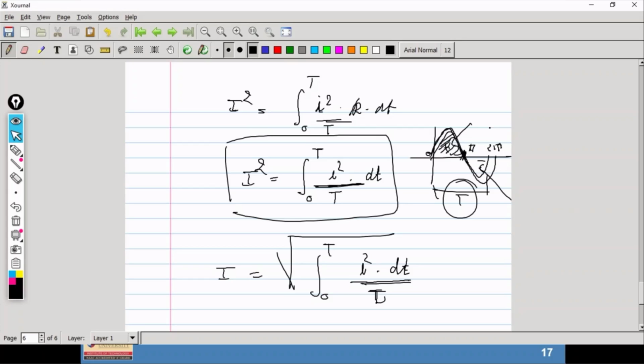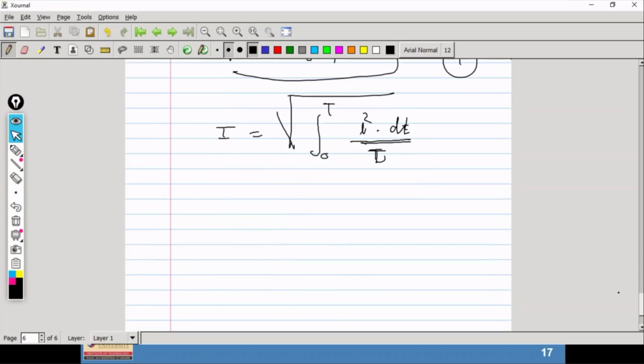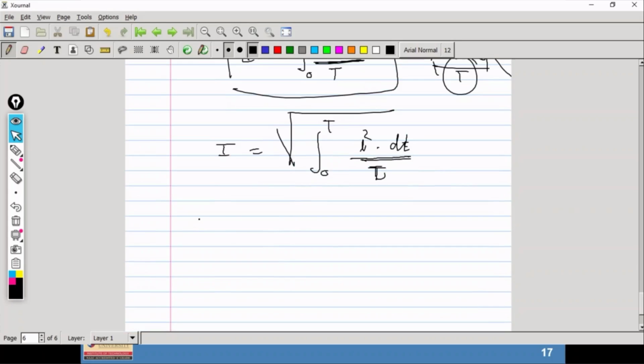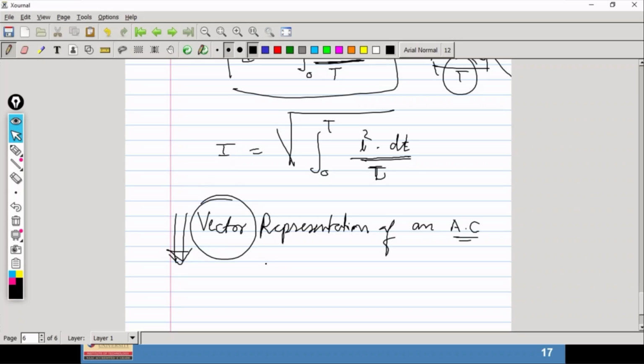Now next time onwards we are going to continue with the vector representation of alternating quantities. Actually, due to certain issues, otherwise I could have continued today and finished this vector representation.